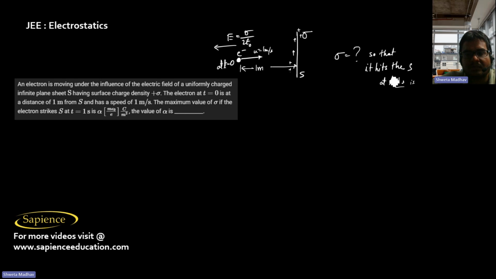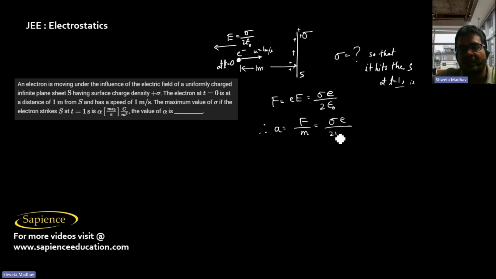So 1 meter it will cover in 1 second. Here the force acting on the electron is the charge of the electron into E, that is sigma e by 2 epsilon naught. So therefore the acceleration of the electron, force by mass, is sigma e by 2 m epsilon naught. This is the acceleration which is constant.